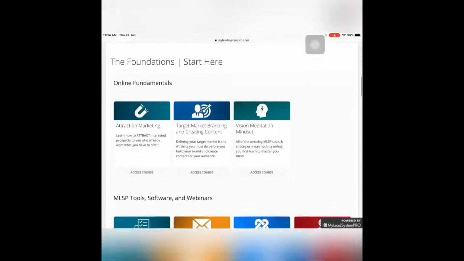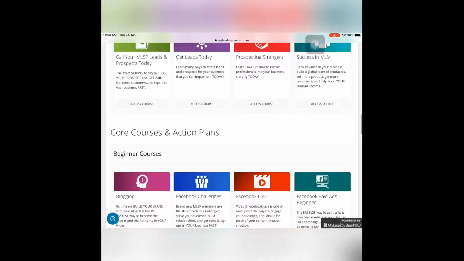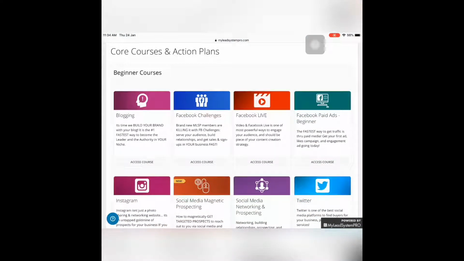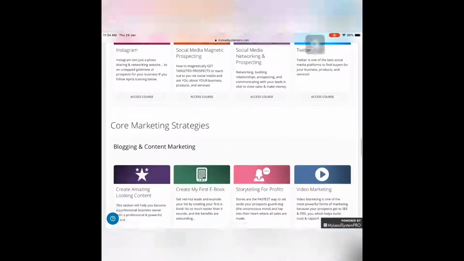They have attraction marketing module. If let's say you want to run with blogging, Facebook challenges, Facebook lives, paid advertising, Twitter, Instagram.